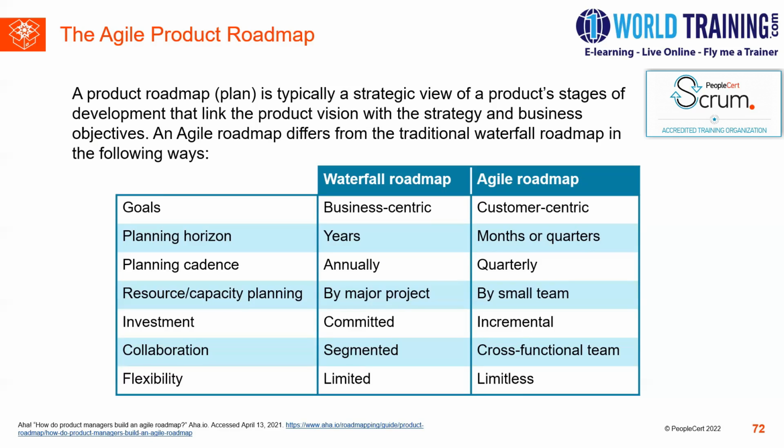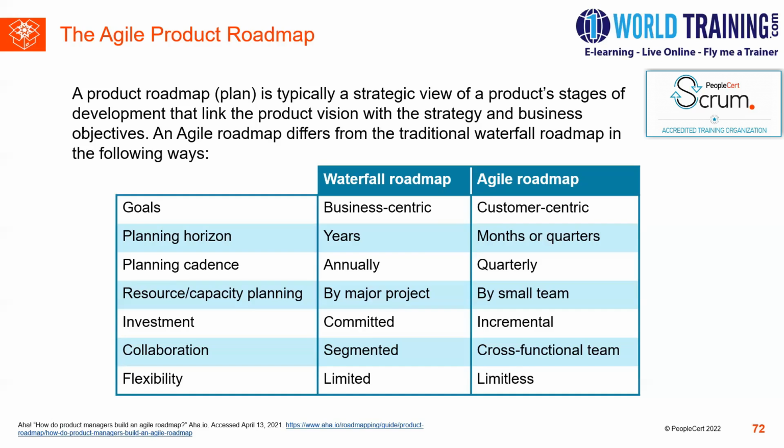The agile roadmap traditionally is different from the waterfall roadmap for sure. The goal of a waterfall roadmap is basically more business centric. So how we can be building or getting more revenue specifically for your business. That's the focus of a waterfall roadmap.